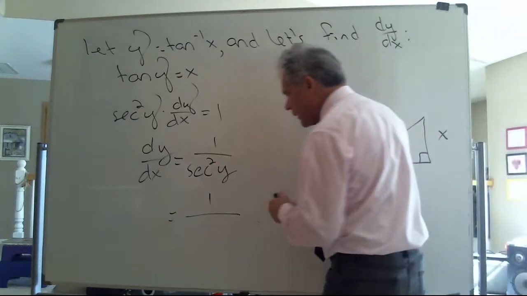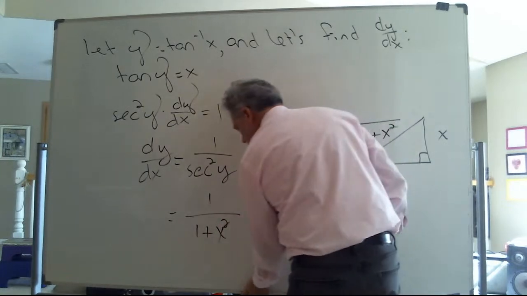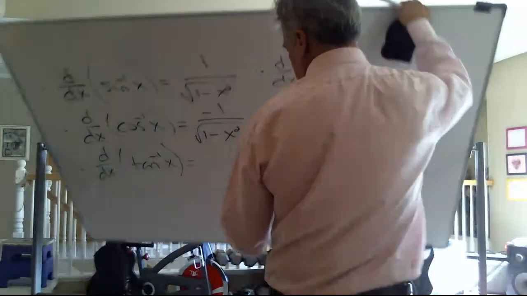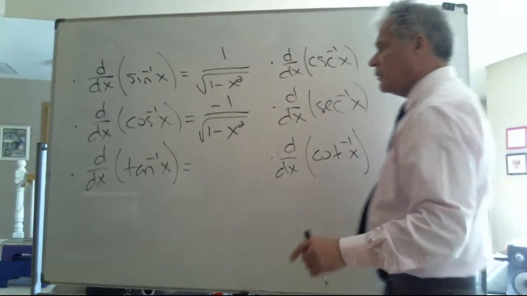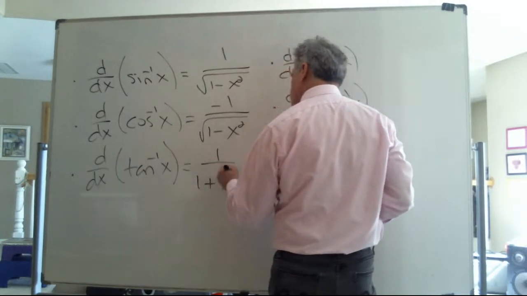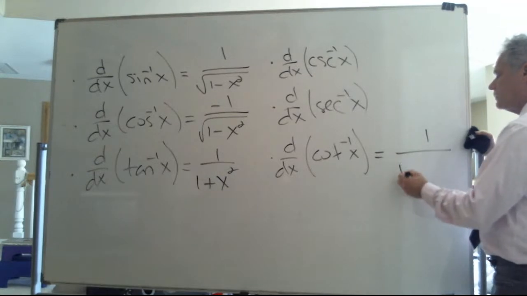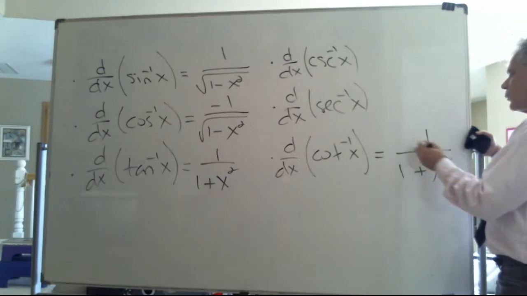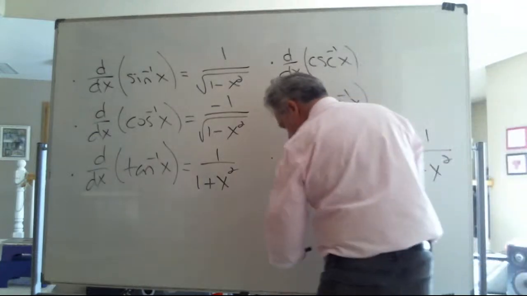But when I square it, I get this. That being the case, the derivative of this is this. And you can show in exactly the same fashion that the derivative of this is the same thing with a sign change. Next on my list, let's do inverse secant.